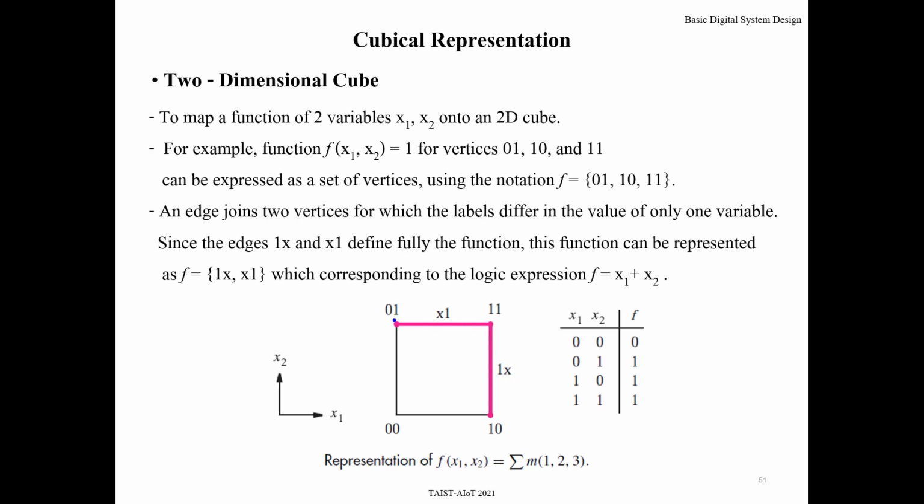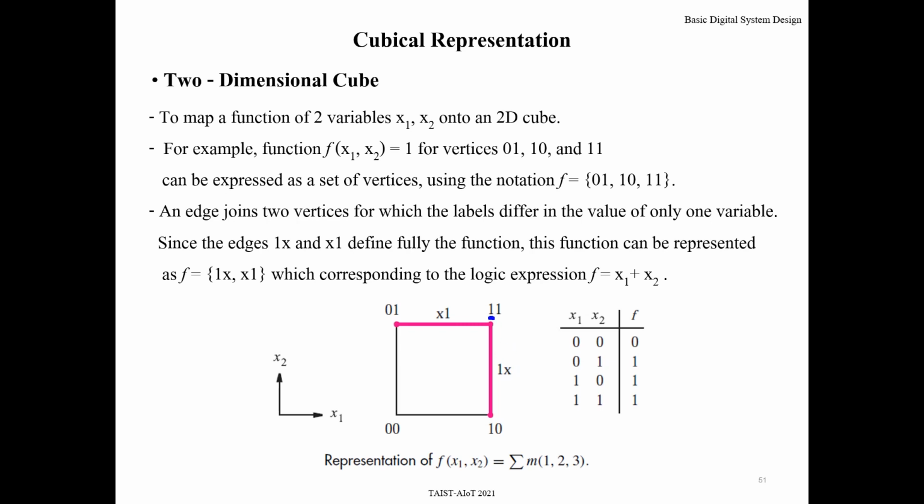So the edge that combines the 0, 1 vertex and the 1, 1 vertex, we write as x1. X means it may be 0 or 1, namely, it does not depend on the value of the first coordinate variable. So it depends only on the second variable, namely x2.